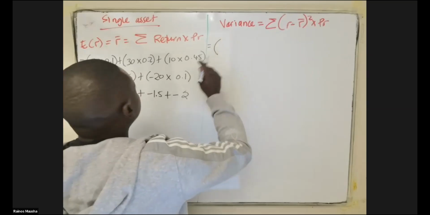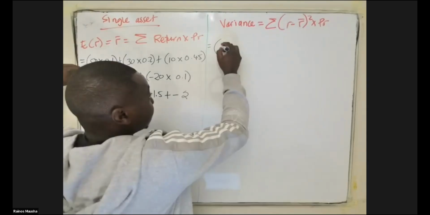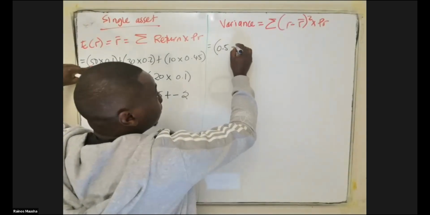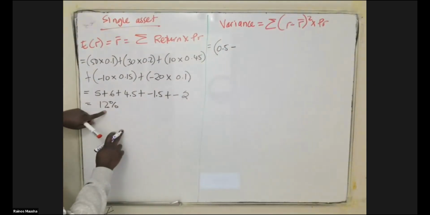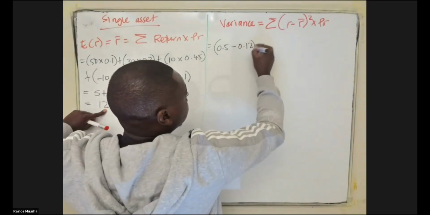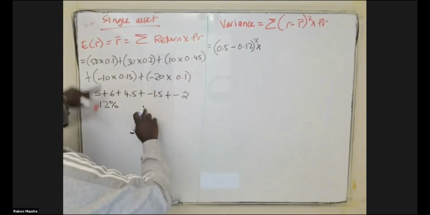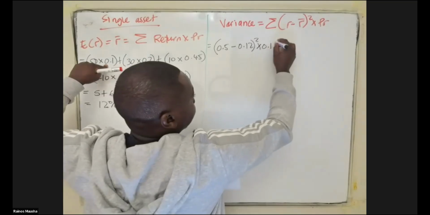So for the variance in this case, for the first scenario, your return was 50%. As a decimal, 50% is 0.5, minus your expected return of 12%, which as a decimal is 0.12. You square that and multiply by the probability of this happening, which is 10%, so 0.1, plus.